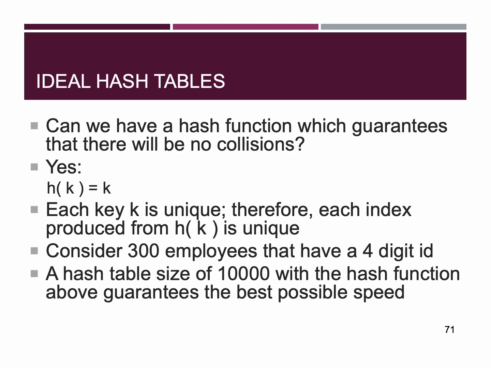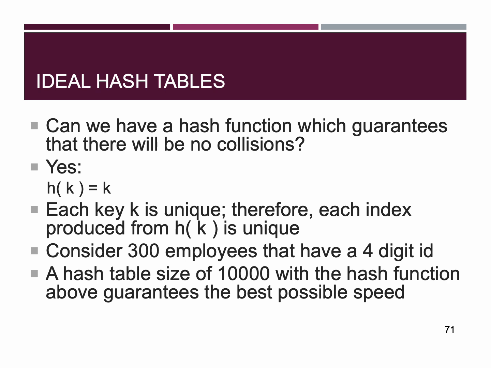Okay, now here let's explore the concept of an ideal hash table. Here we aim to have no collisions at all. Is it possible to design a hash function that guarantees this? In specific cases, yes.